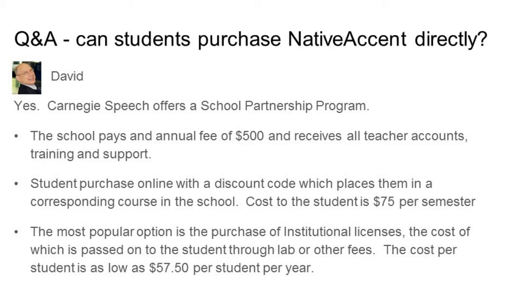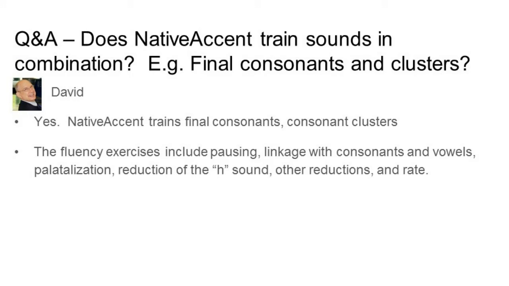Thank you. Other questions? Yeah. I noticed your examples had sounds in the initial, medial, and final positions. Do you have exercises with sounds in combination? Are you talking about two different sounds that they're targeting in the same word? Like final consonants, for example. I teach a lot of Vietnamese speakers, and they tend not to pronounce final consonants, or final consonant clusters can be very challenging for them.